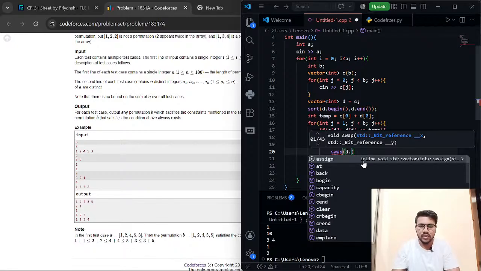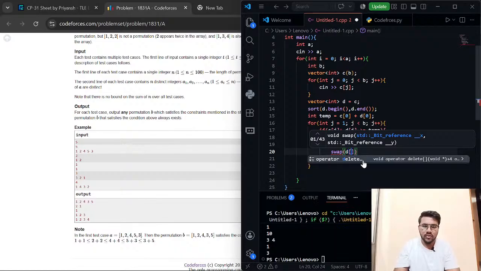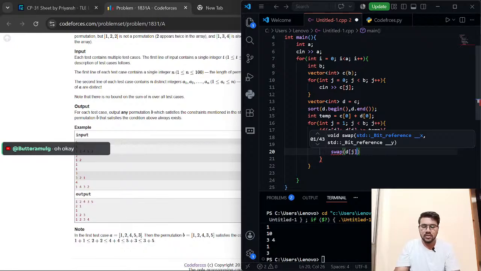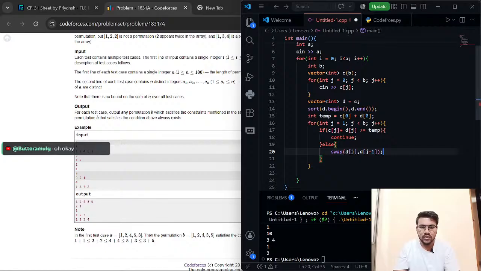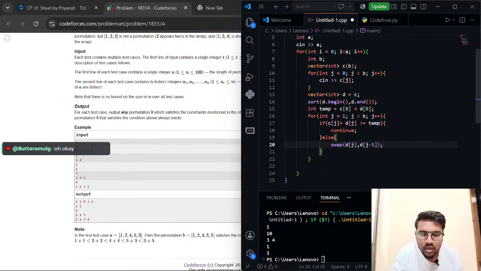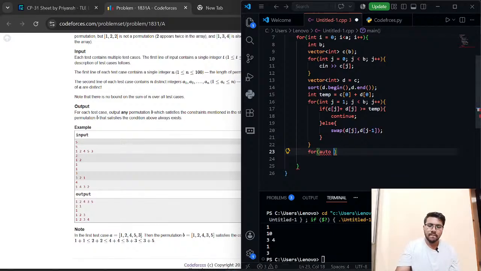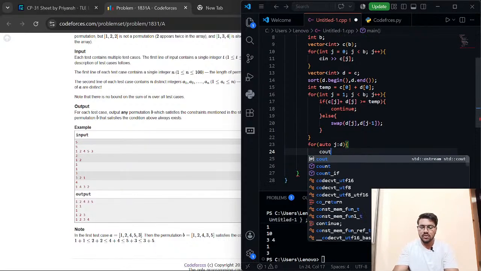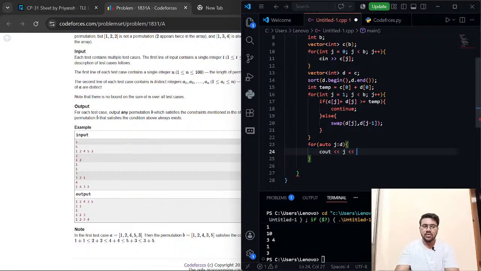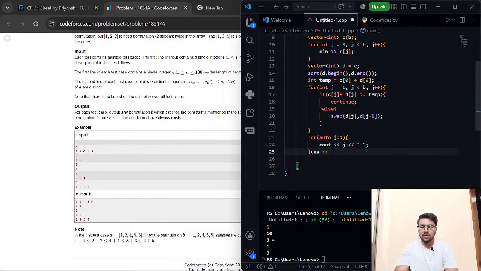Swap d dot d index j comma index j minus 1, I guess. I think it should work.